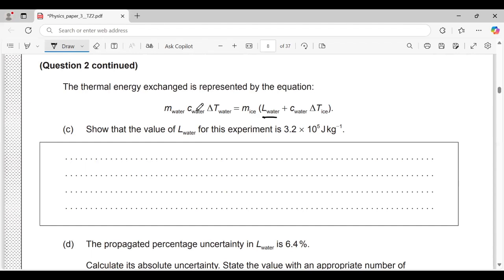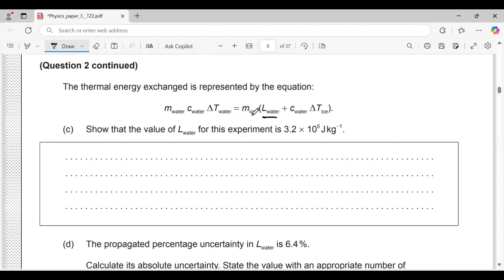M water is the mass of water, 0.095 kg. C water is the specific heat capacity of water, 4,200 joule per kilogram Kelvin. Delta T water is the temperature change. Just now I have shown you that the change in temperature is 25, from 20 to 45.